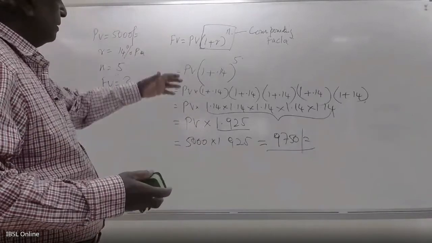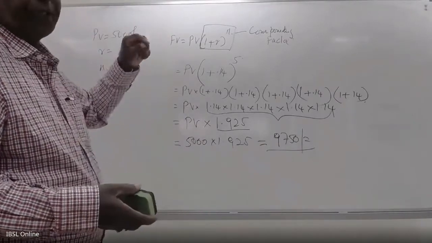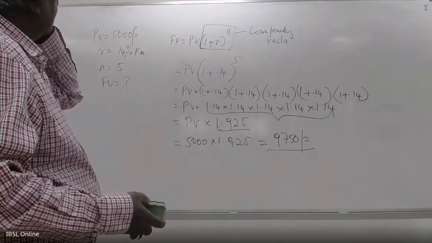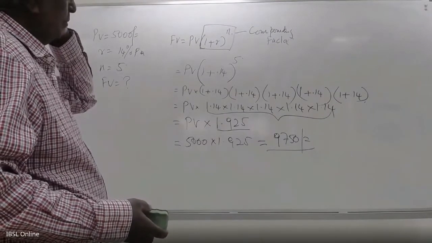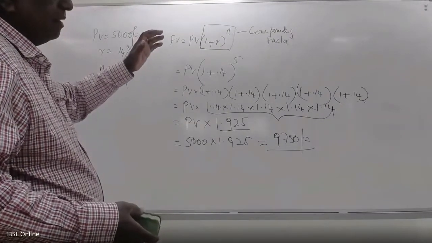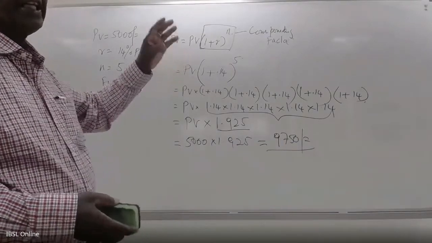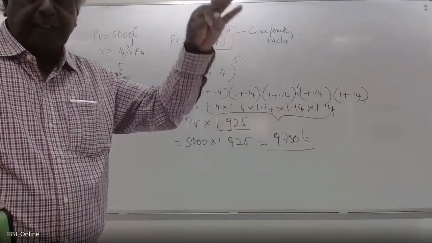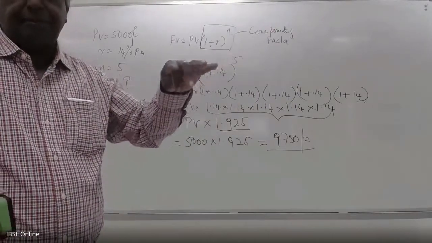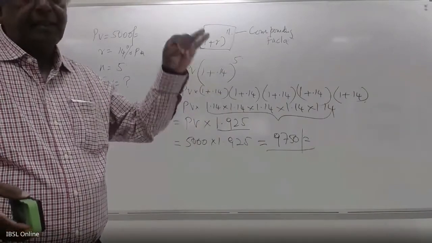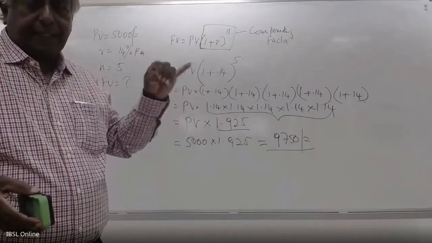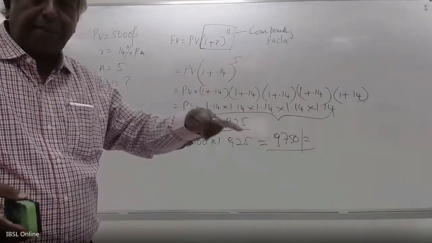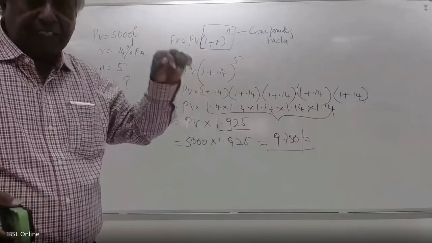Now I hope this is very clear to you. This is compounding. So now you understand the time value of money, the meaning of present value, the money you have today, the meaning of future value, the money you will receive at a future date, and then the term compounding, the technique of converting present value into future value, the compounding table and compounding factor.